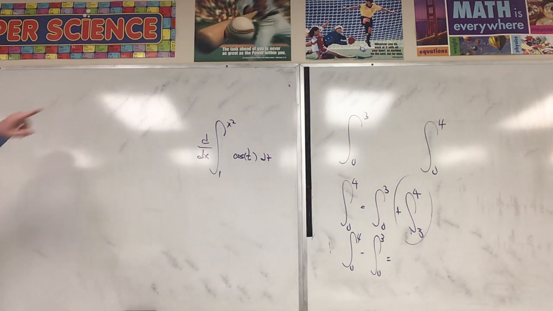All right, because my number up top is not an x, it's an x squared. So I'm going to use my u substitution.